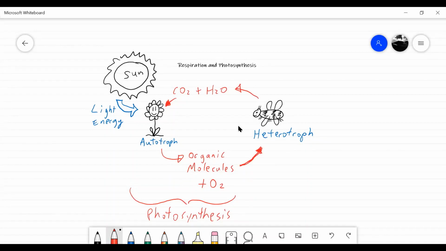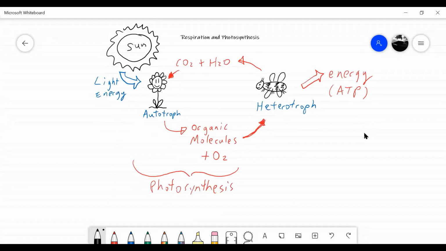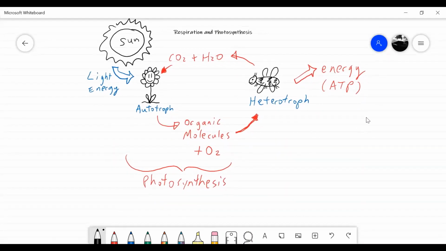The heterotroph is also making, maybe I'll do a double arrow like I did before, so he's also making energy. And I'm just going to write in brackets in the form of ATP. Okay, so one more note, and just enough room to squeeze it on here. Just push that up. Of course, this here is respiration.